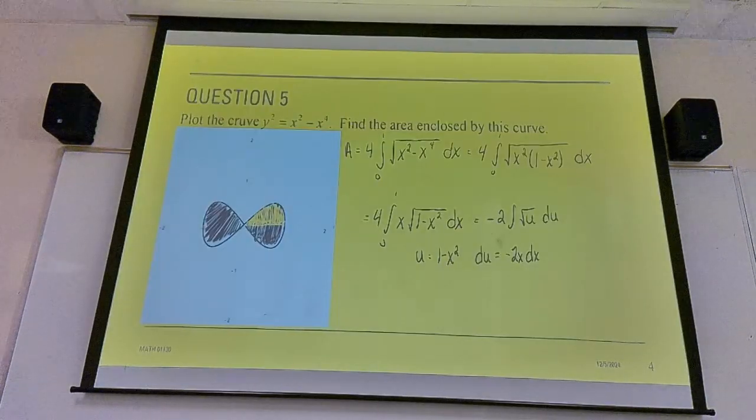What are the new limits of integration? When x is 0, what is u?